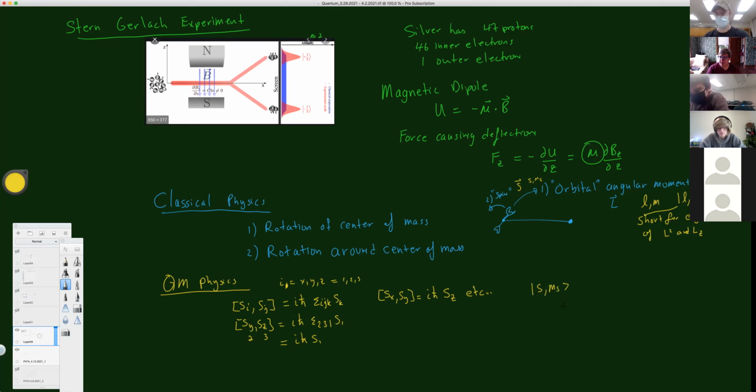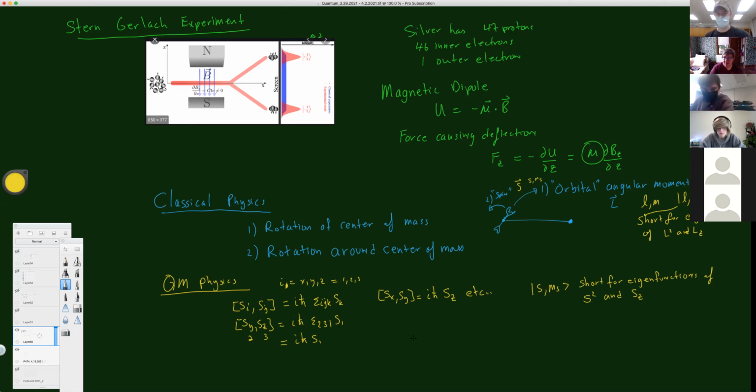It's a little s, by the way, not a capital S. And this is short for the eigenfunction of S squared and S_z. This is the intrinsic angular momentum of the electron.